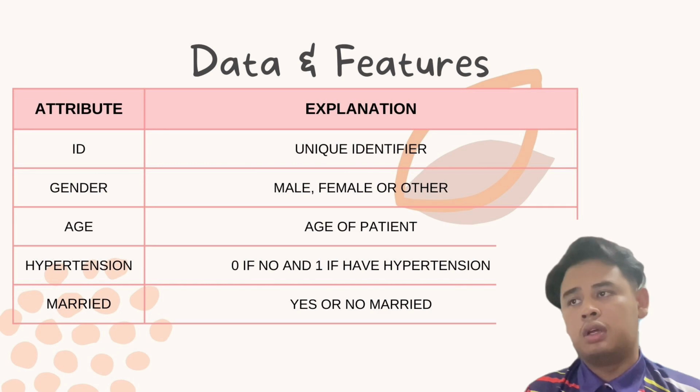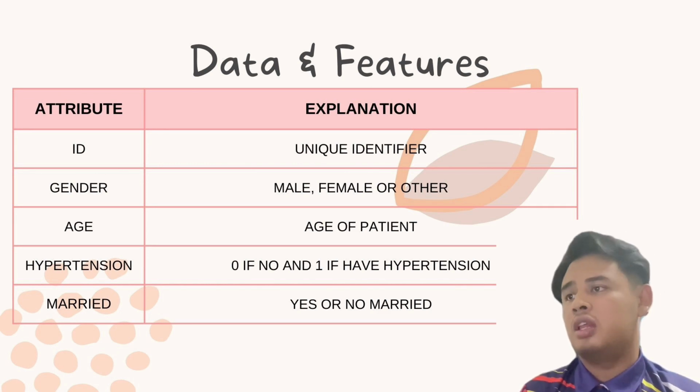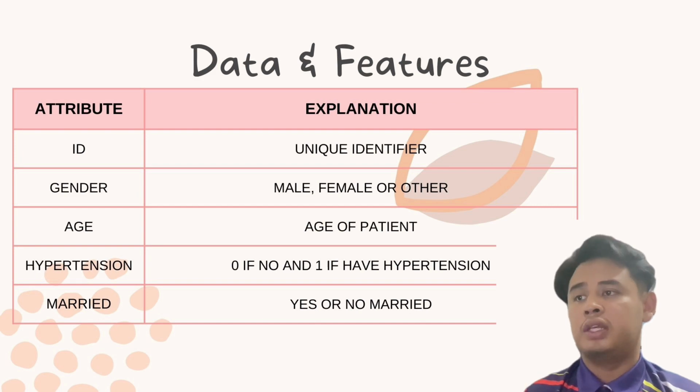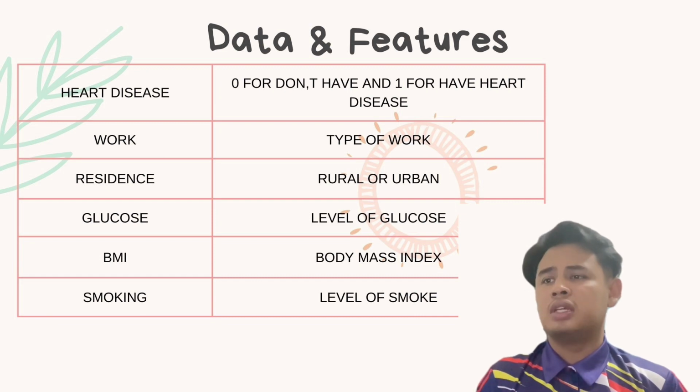And then we have attribute information. First is ID for unique identifier, gender for male, female or others, age for patient age, hypertension 0 if the patient doesn't have hypertension, and 1 if the patient has hypertension. Heart disease 0 is the patient doesn't have any heart disease, and 1 for the patient has heart disease.